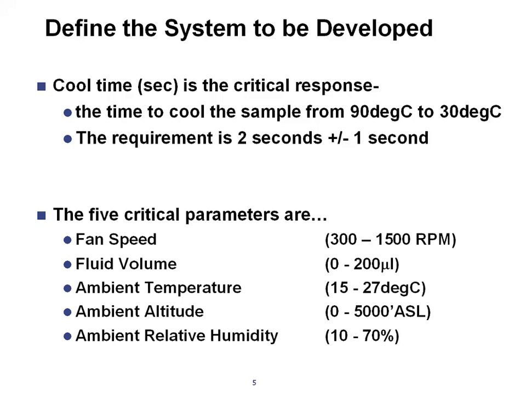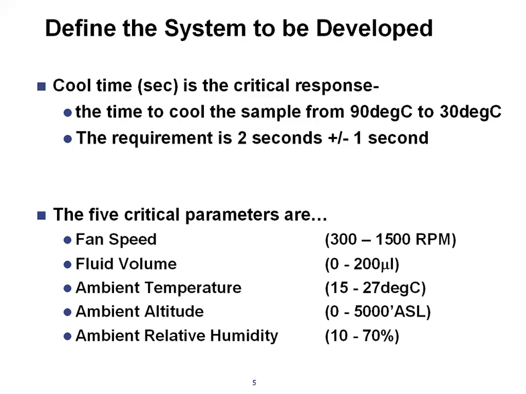They are listed here. This was forced air cooling, so there was a fan whose speed we could vary that would cause the airflow. Also, the amount of fluid in the pouch was believed to be a significant contributor to the cool time. And the ambient conditions of temperature, altitude, and RH were suspected to affect the cool time, temperature and altitude believed to be more strong in effect than RH.